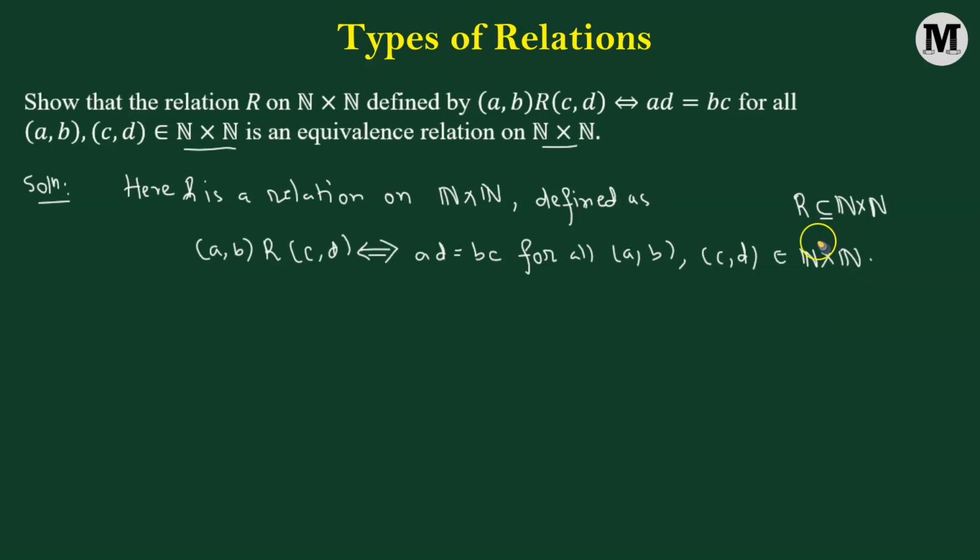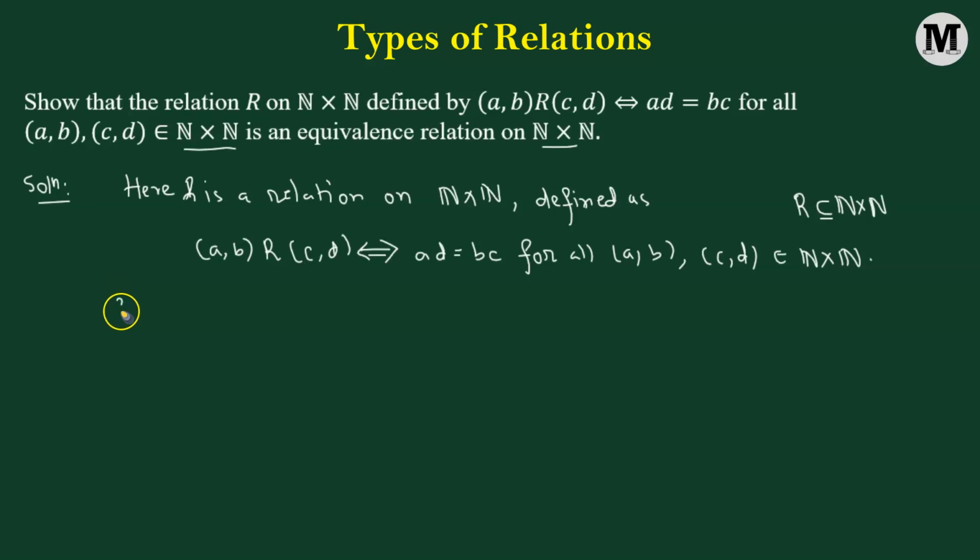Okay, so this is given to us, and we need to show that the given relation R is an equivalence relation. So how do we show that it's an equivalence relation? All we have to show is that the relation R is reflexive, it is symmetric, and it is also transitive.